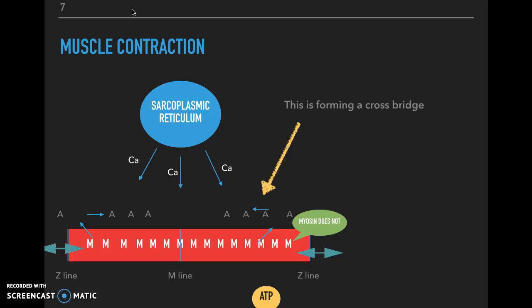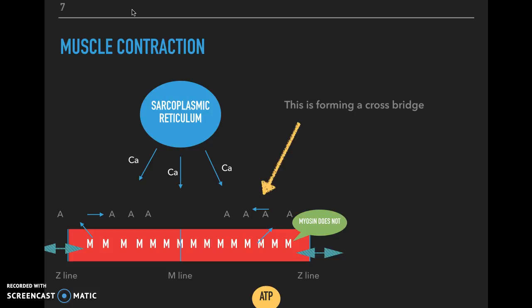The myosin, which does not move, needs to... so the calcium is attached to the troponin, and this releases the troponin and tropomyosin, so the actin is visible for the myosin to attach. However, the myosin needs to have energy, so it takes ATP. And ATP is basically a substance which gives it the energy to attach to the actin.